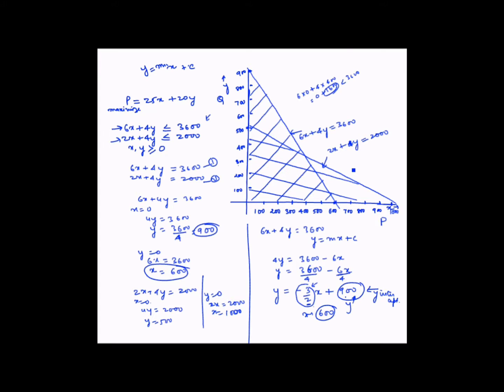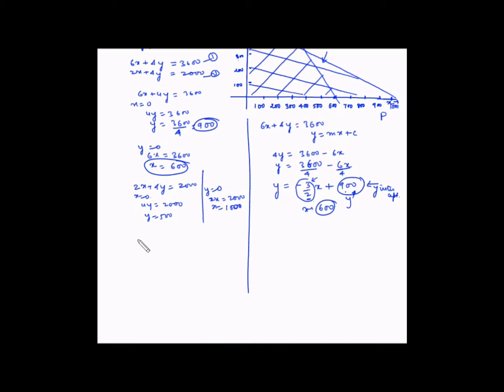So to do that, we'll have to find a point where P can be maximized. So we need to draw the line of the objective function, which is P is equal to 25x plus 20y. So let us do that. So the equation is P is equal to 25x plus 20y.